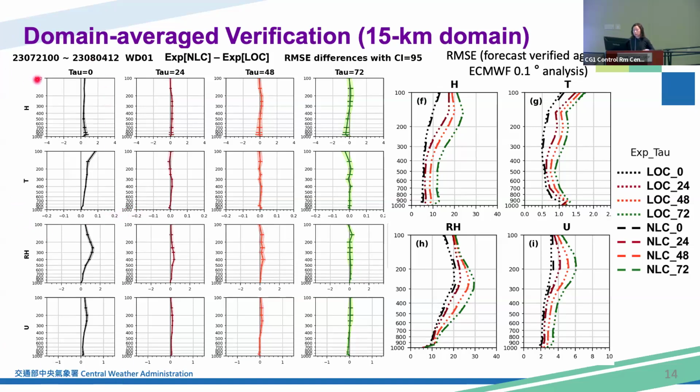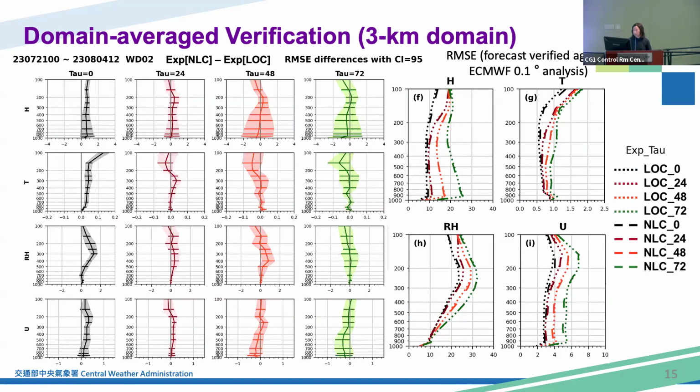We found that only the initial condition is different, but the other forecast hours are not, and the non-local one shows a little worse than the local one. Similar characteristics can be seen in the 3-kilometer domain, and in the initial condition the non-local run is worse than the local one.